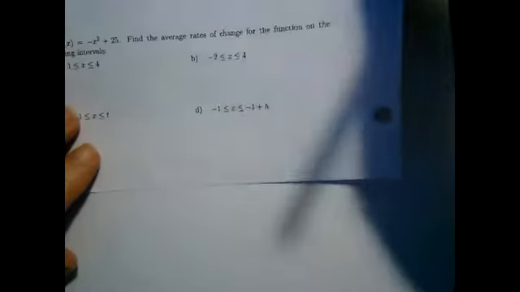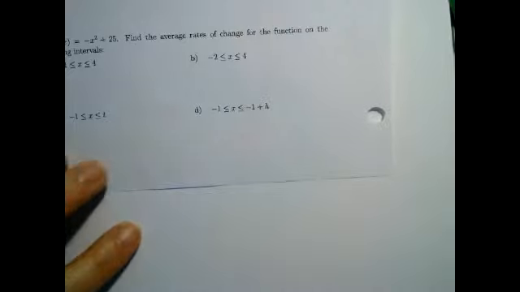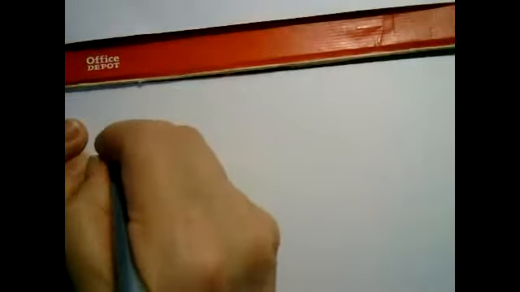I'm going to do number 8, for example. I don't know, number 7, because it's a little bit symbolic, and then another one as well. So I'm going to do number 7.